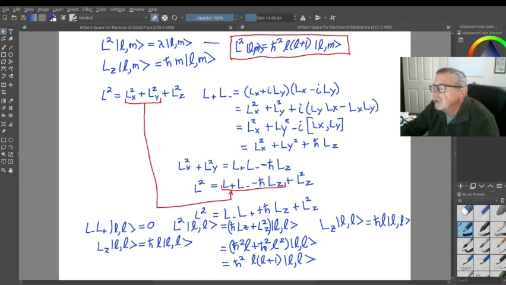And if I factor out the h bar squared and an l, I get l plus 1, which is what we wanted to solve. Stare at that a while and see if you can justify it.